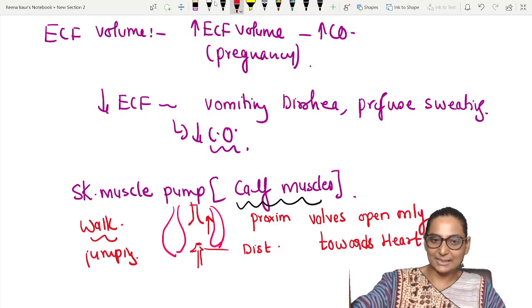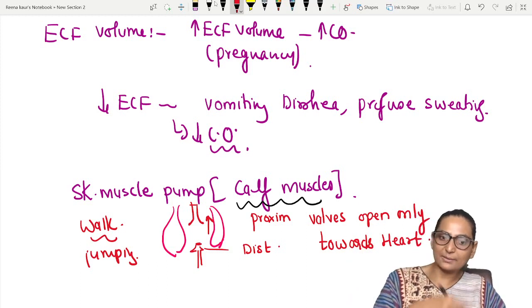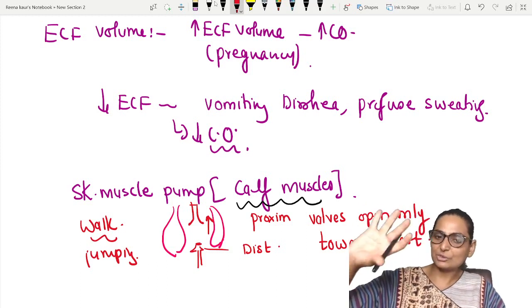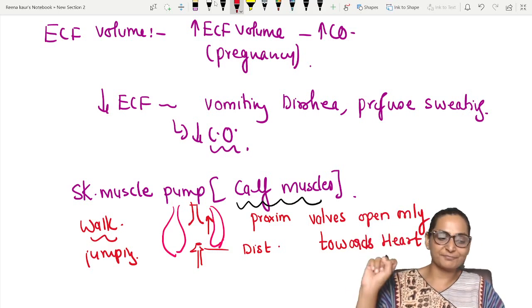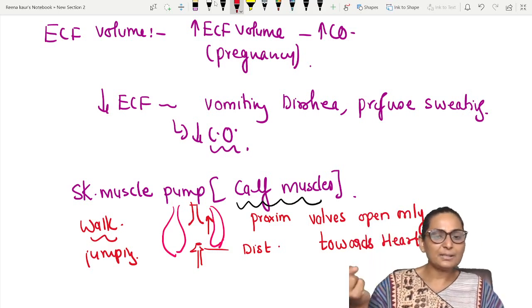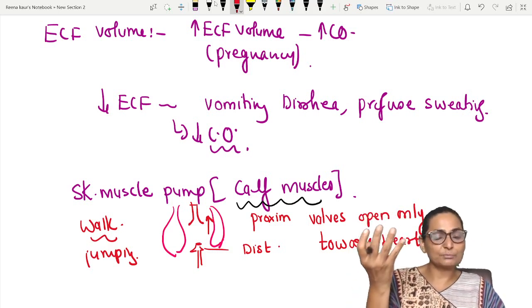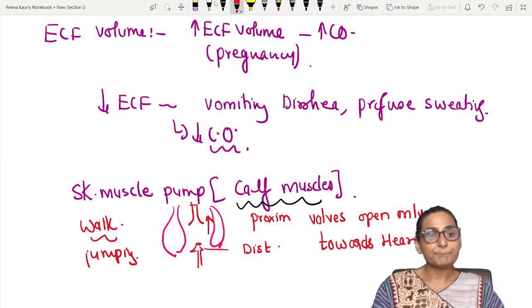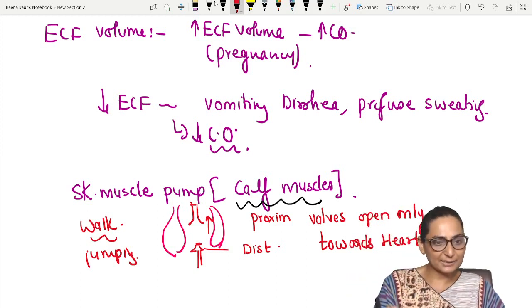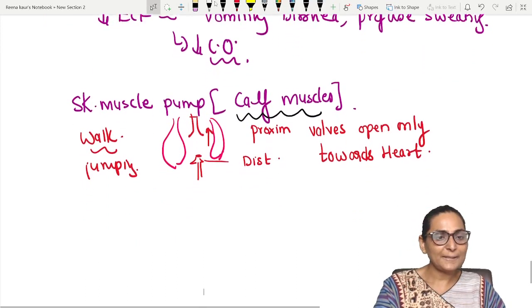Just elevate the legs. When you elevate the legs, again the venous return will increase, and massage the skeletal muscles of the calf. When you massage the calf muscles, you are stimulating this activity which we call the skeletal muscle pump, and you are increasing the venous return to the heart.